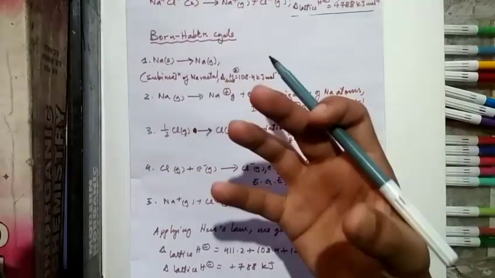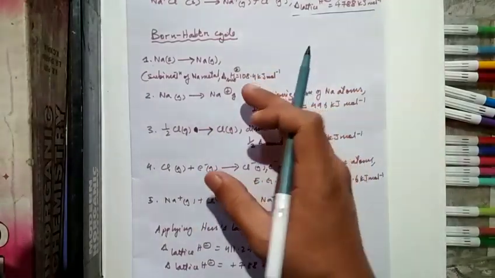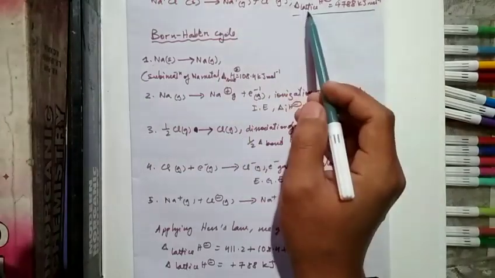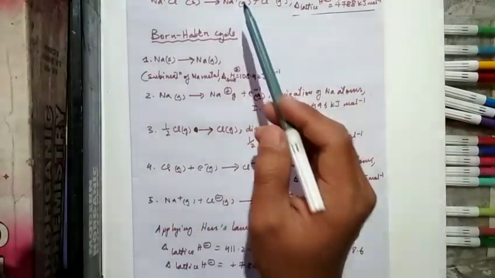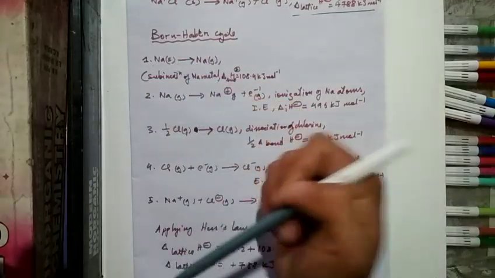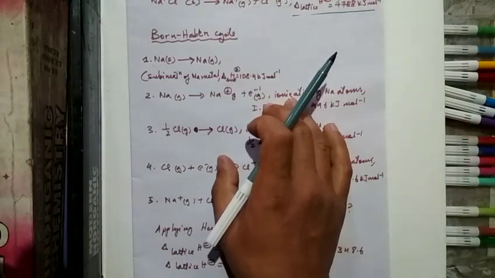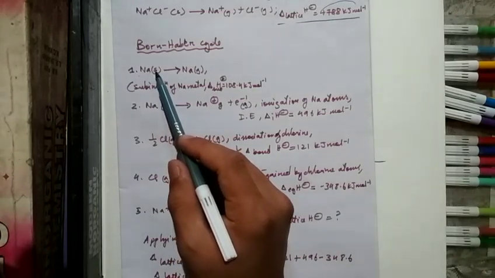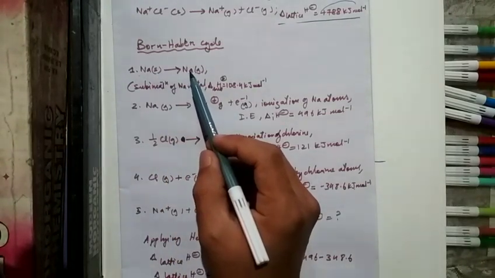Let's calculate the lattice enthalpy of NaCl. For this we'll see some steps. Na solid is converted to Na gas.